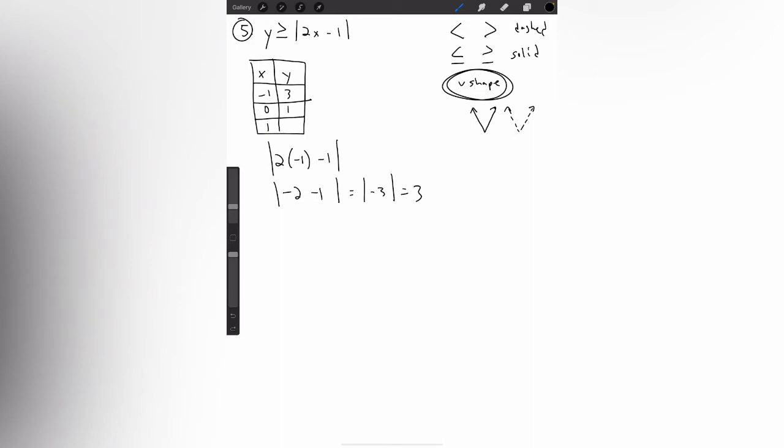Let me just make sure I'm doing this right here. 0, 1. 2 times 1 is 2. 2 minus 1 is 1. All right, so yeah, I guess that's right. This is the graph that we have so far.